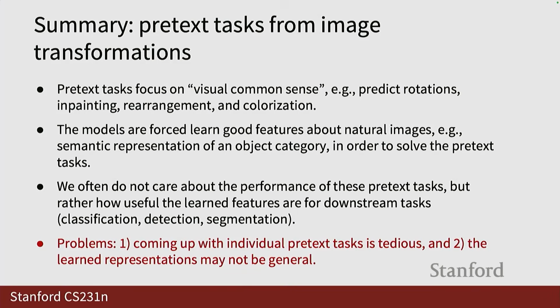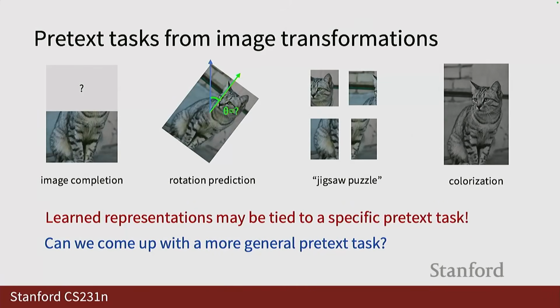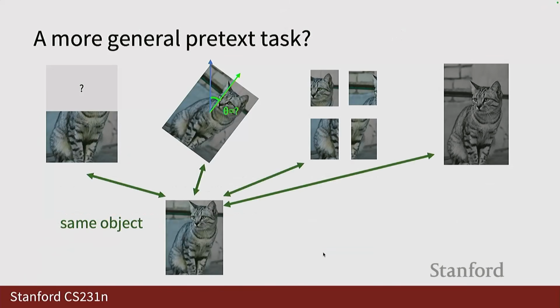For example, if you're using completion, rotation prediction, jigsaw puzzle or colorization, your learned representations are good for solving those specific tasks, and they may not be very good for general tasks.